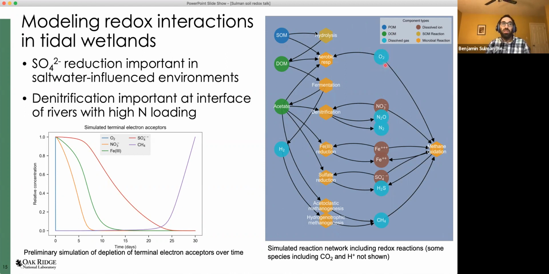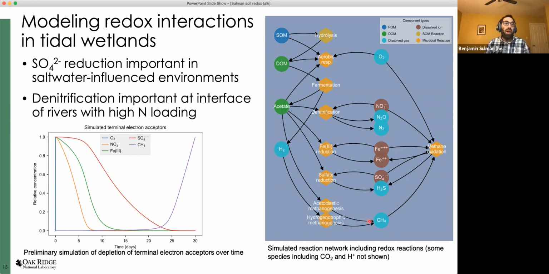So we have oxygen fluctuations, we have high nitrogen inputs in a lot of coastal wetland systems from river flows that have high nitrogen loading. We have iron inputs also from river flows. And then the coastal saltwater influence also brings in a lot of sulfate, which supports sulfate reduction as a biogeochemical process.